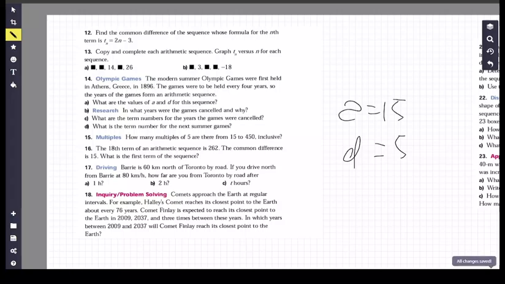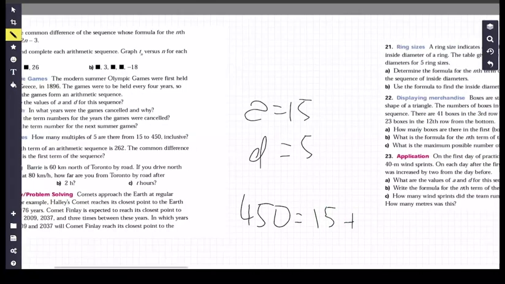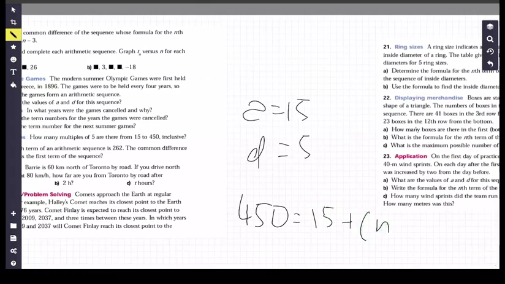Let's go ahead and calculate the total number of terms. So Tn is actually 450 because that's our last term. And it's equal to 15 plus n minus 1 times 5.